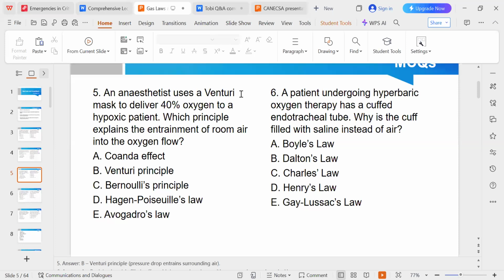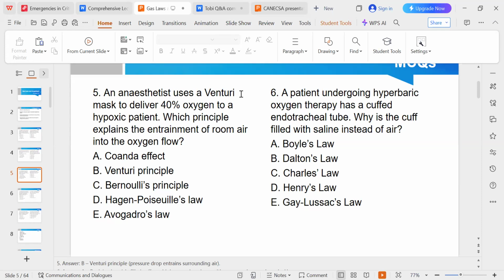So the kinetic and potential energy is the same, but after the gas passes through the aperture, the kinetic energy becomes more than the potential energy. So that's what gives the exact flow of gas that is delivered to the patient. Okay, good idea. The total energy remains the same. All right.